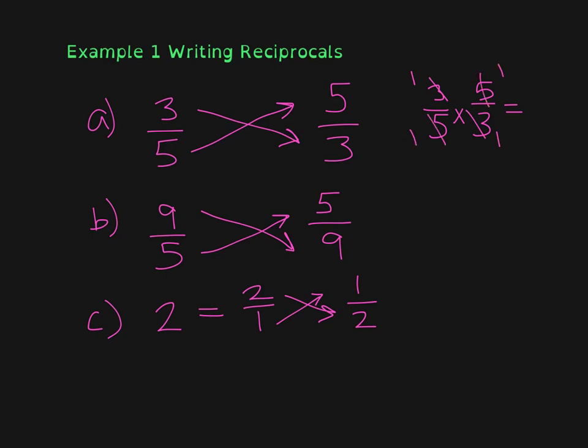So in turn, this equals 1. Same thing with 9/5 times 5/9. It equals 1, because I can cross these as I go. Same thing with 2 over 1 times 1/2 equals 1. They all equal 1 across the board. So that's how you can check to make sure your reciprocal was correct.